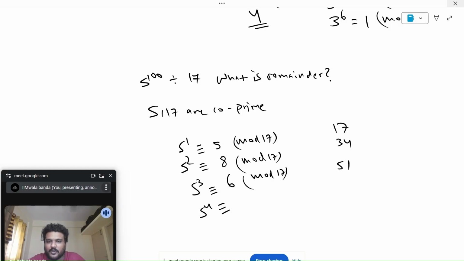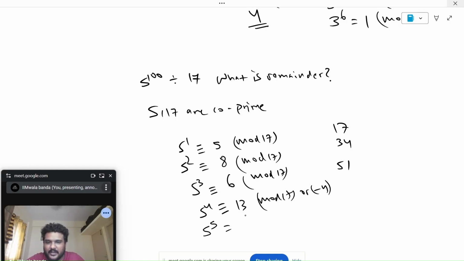5 to the power 4, don't do that. 6 into 5, 30. 30 will give you 13 as remainder or -4 negative remainder. Okay, this is also very handy. Keep on writing. But usually when I get -1, then only I use it. Now what? I have to keep on doing it till I get 1.